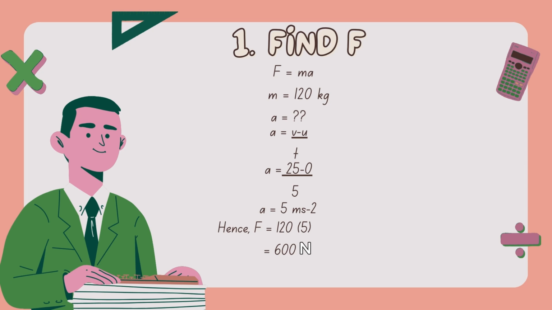So we insert the information that we have: the final velocity is 25 meters per second, the initial velocity is 0 meters per second, and the time taken is 5 seconds. So we will get the acceleration is 5 meters per second squared, and hence F will be 120 kilogram, which is our mass, times a, which is 5. So F that we got is 600 Newton.